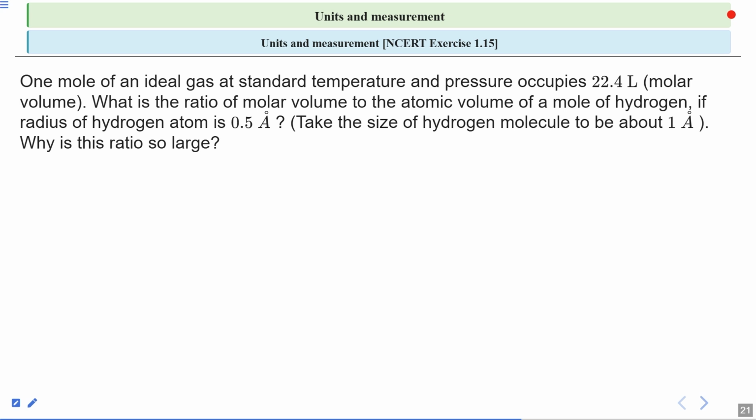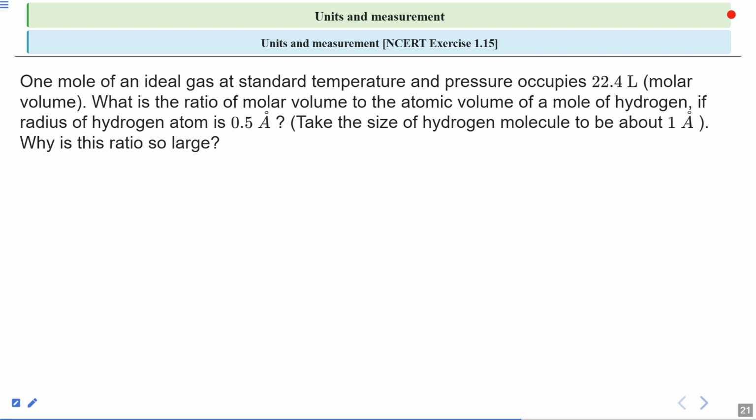And one thing I also mentioned is that usually when the size of some molecule is given, it is the radius, but in this case it is not, because the size, or diameter, of a hydrogen H2 molecule is 0.78 angstrom. So how can the radius of a hydrogen molecule be 1 angstrom? This question has some confusing aspects.